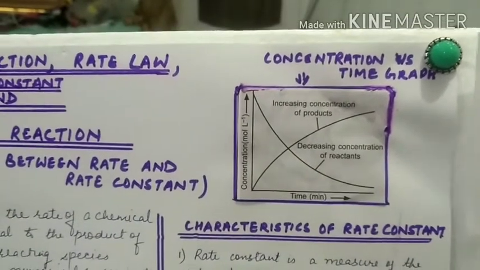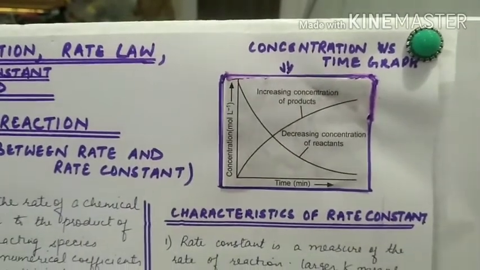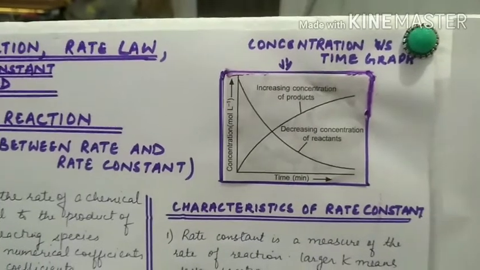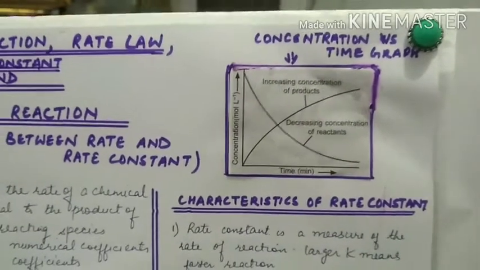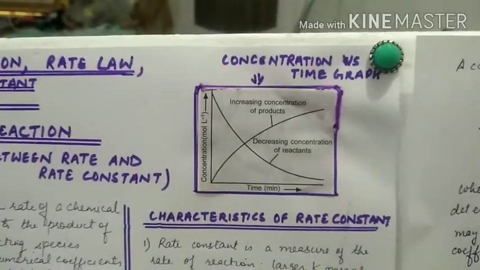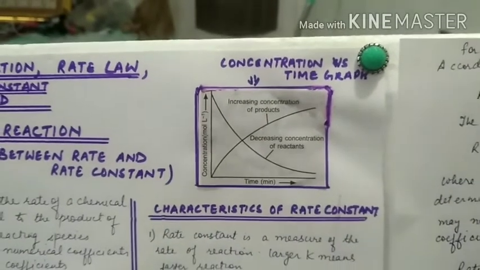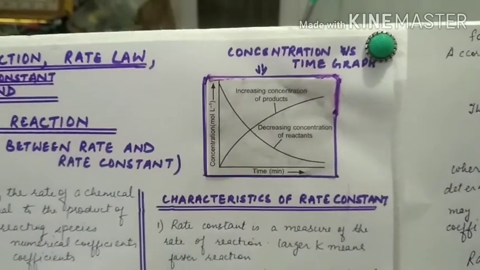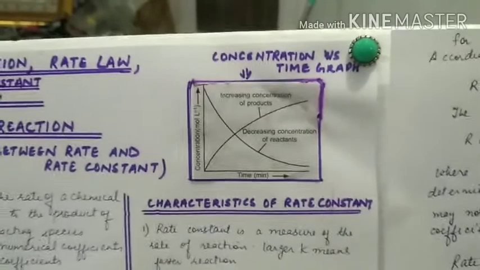Now, when this concentration decreases, we also see that the rate of reaction also decreases. Initially, the reaction is fast, but as we move on during the reaction, the rate decreases.